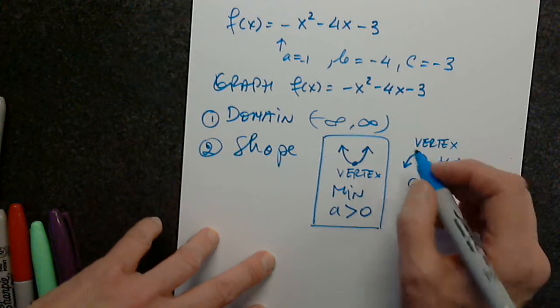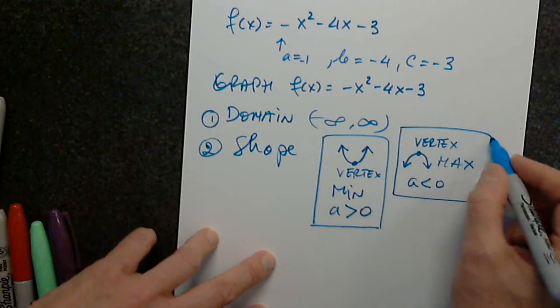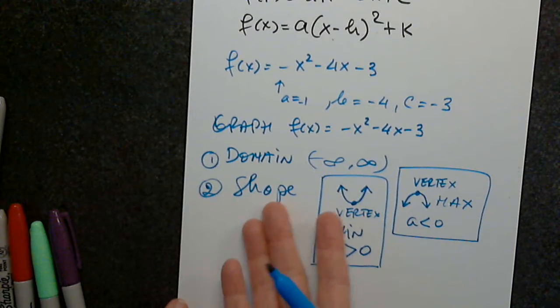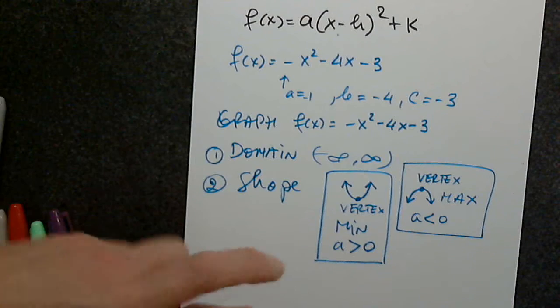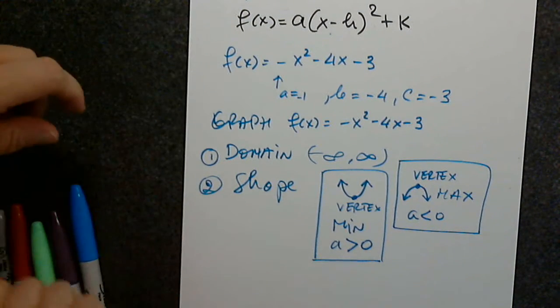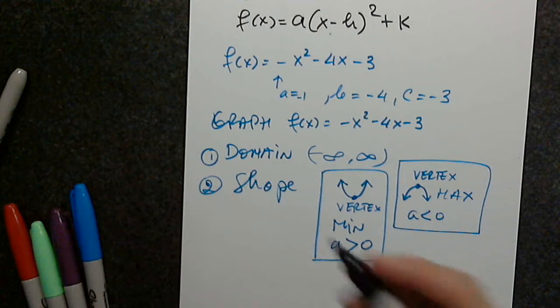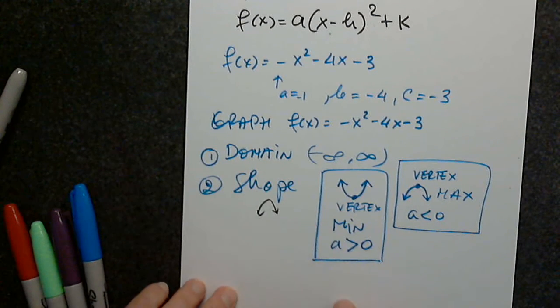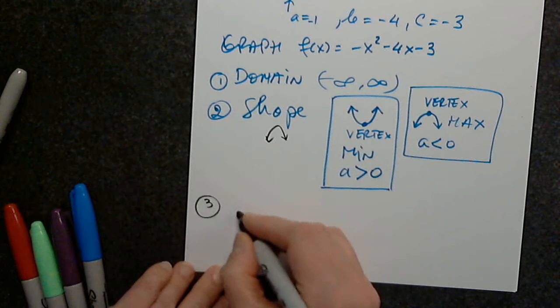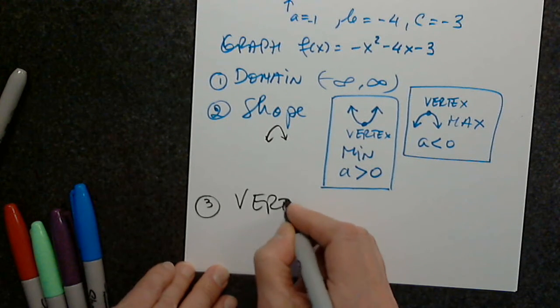It will have a maximum when the leading coefficient is negative. So the shape for our situation, in this example that we just picked, what will it be? Oh, yes, perfect. So it will have a maximum. Excellent.